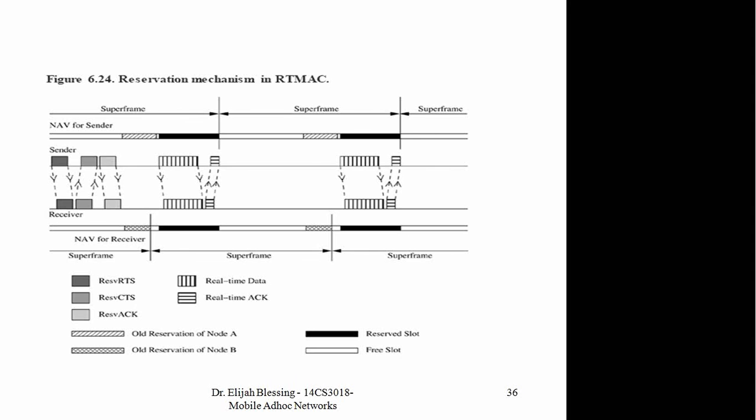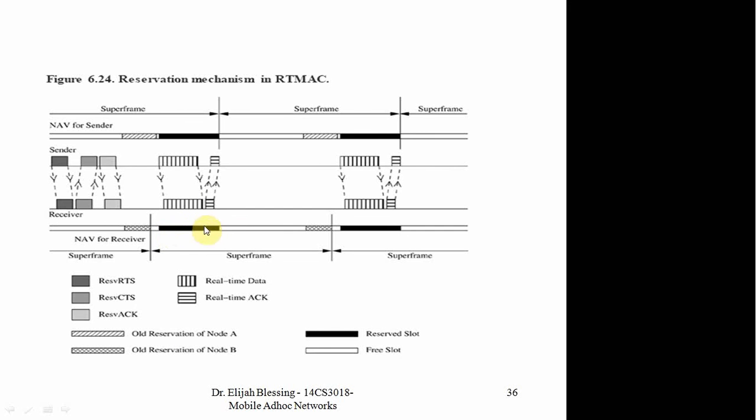Alright, so you look at this, you will find there is a reservation here, which is an old reservation for node A, and therefore you find that you don't transmit the data during this old reservation time. On the other hand, look at here, you have an old reservation of node B, which basically comes up to this.